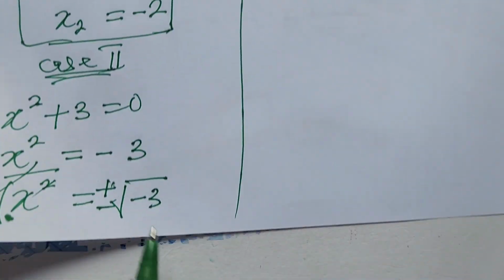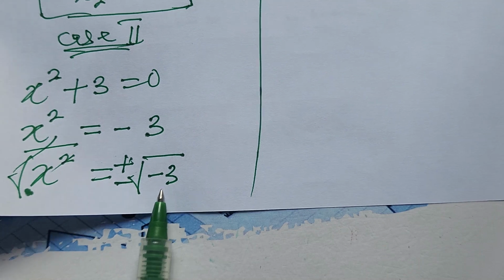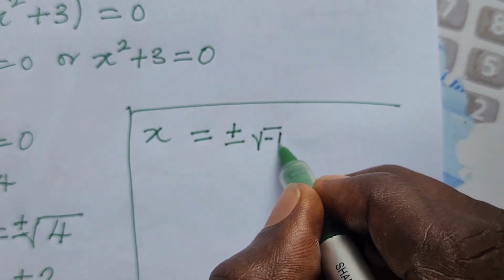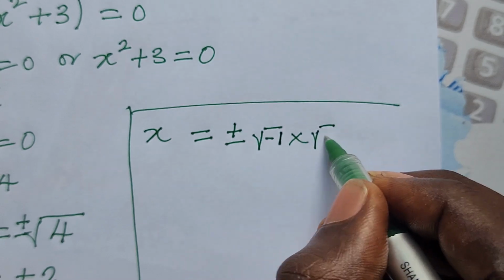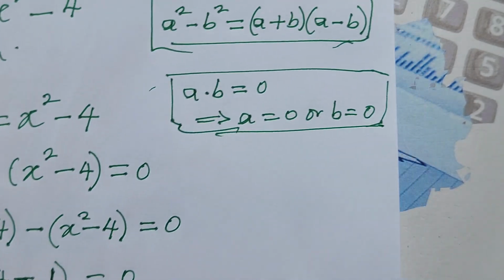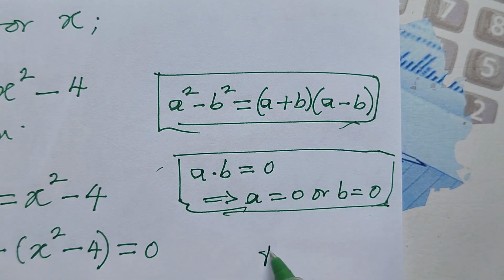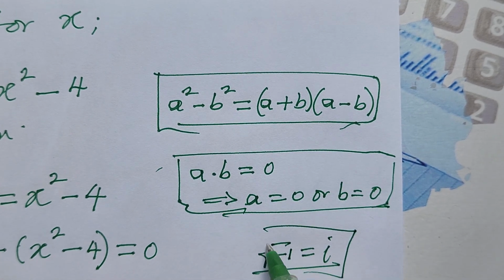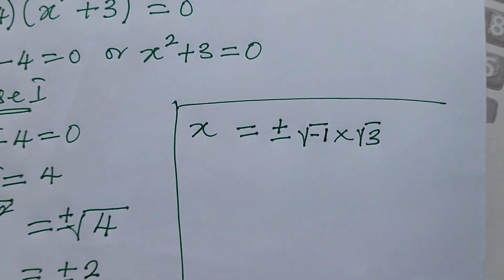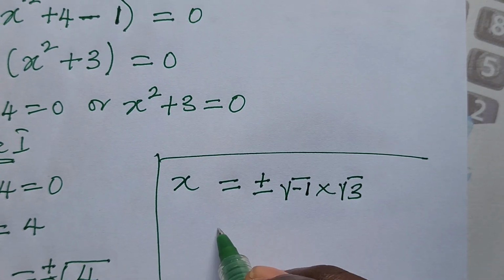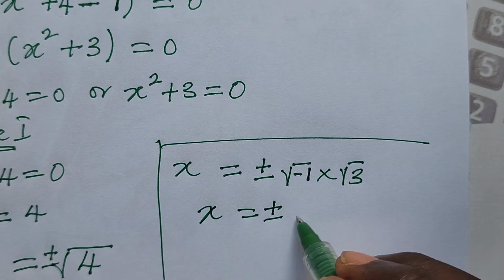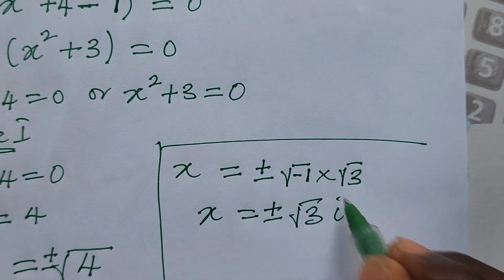Now, the square root of this figure can be written as the square root of minus 1 times the square root of 3. Again, we know that the square root of minus 1 is equal to iota, right? So if it is equal to i, then we can rewrite everything as x equal to plus minus square root of 3 iota.